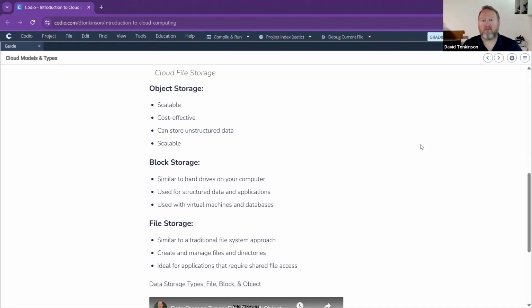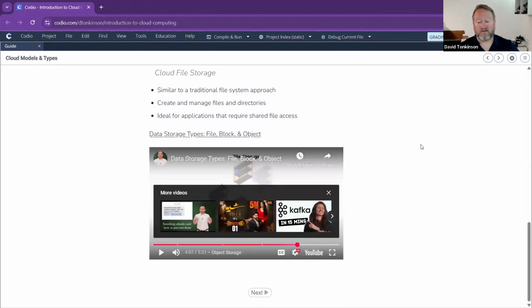And if I was going to share a load of relevant files that are related to each other in a file structure, say, for example, I might have an accountancy folder, an HR folder, an IT folder that separate them, I'd end up putting those in file storage, not block storage, not object storage, because in object storage they'd all be scattered all over the place. So my accounts files will be mixed in with my IT stuff, which will be mixed in with my HR stuff. So that's why we tend to differentiate between them all.